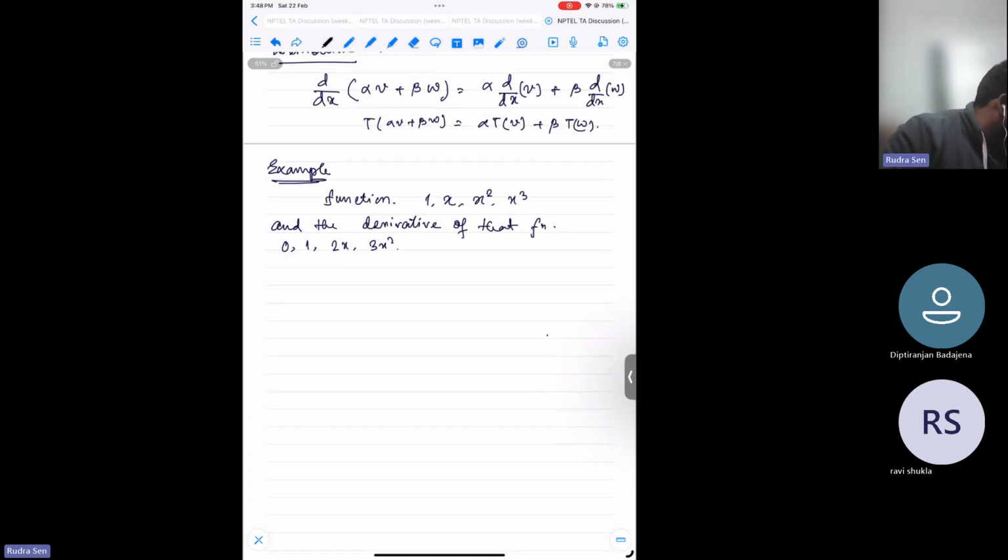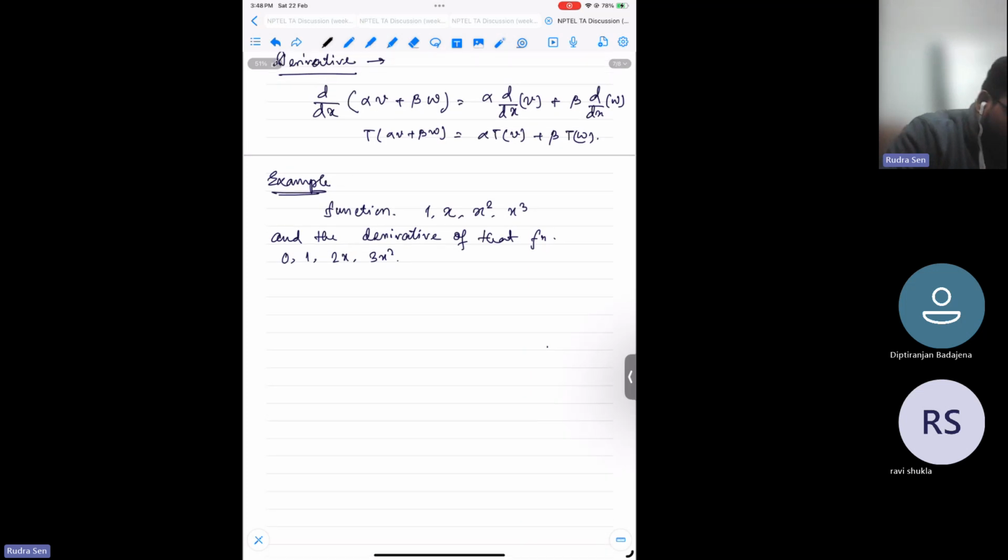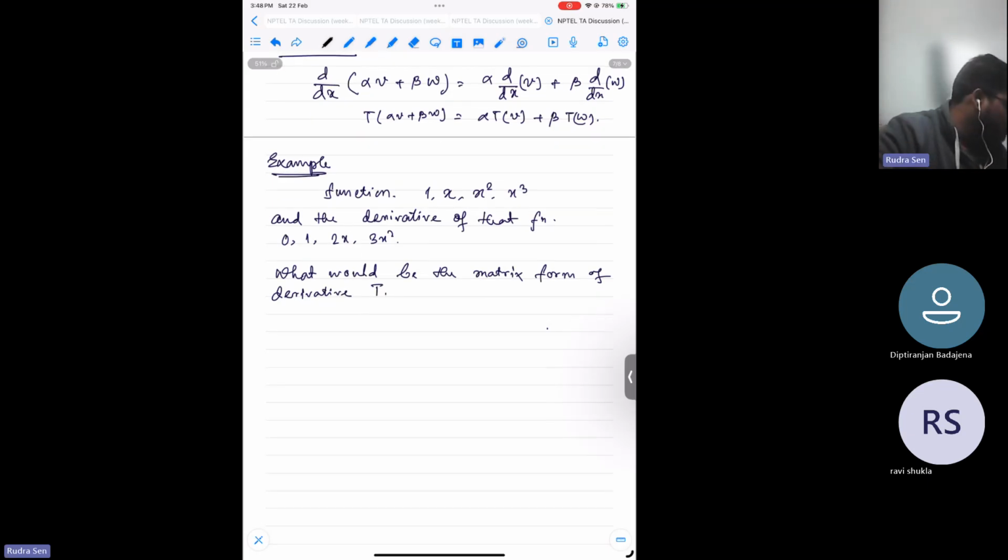So what would be the matrix form of derivative T? What will be the matrix form of derivative T?